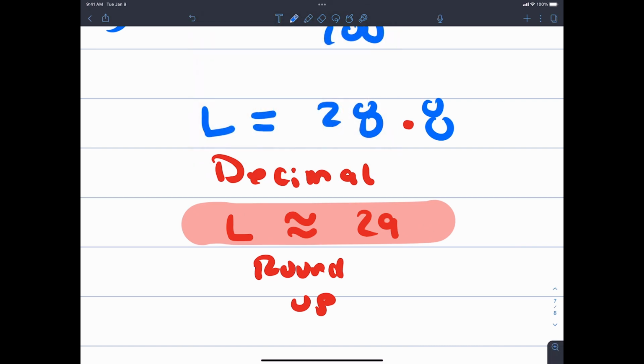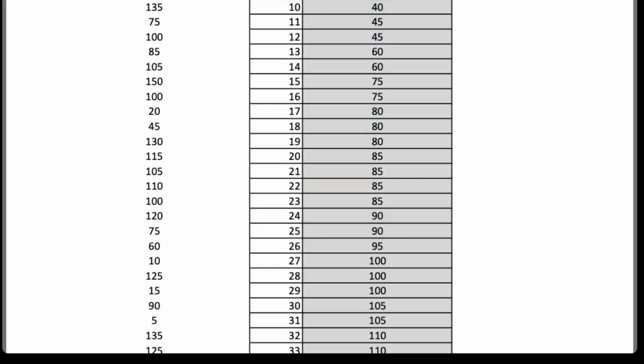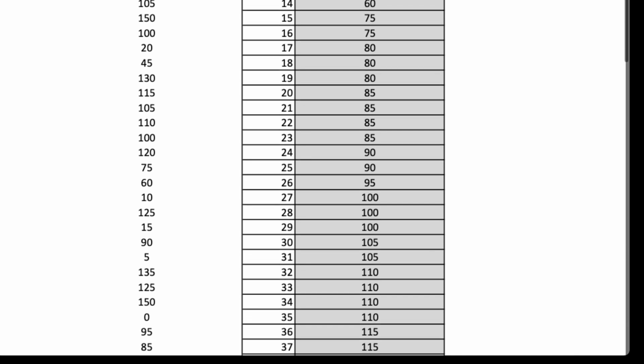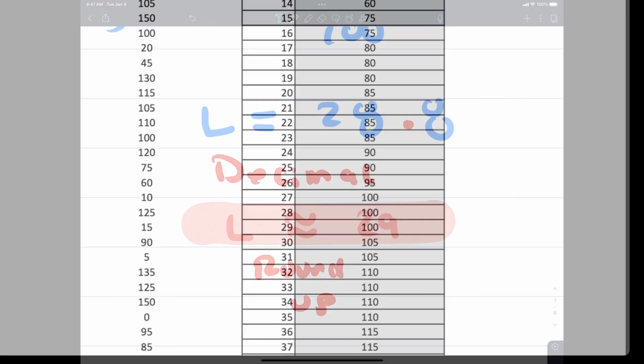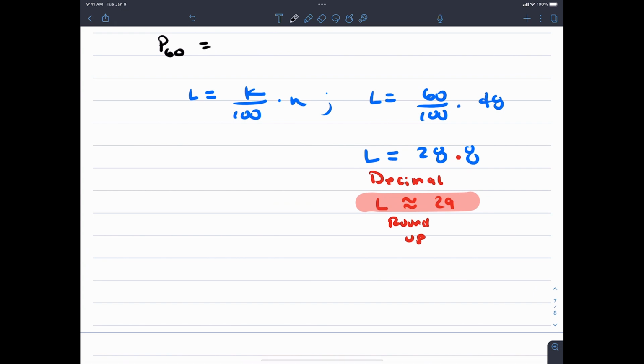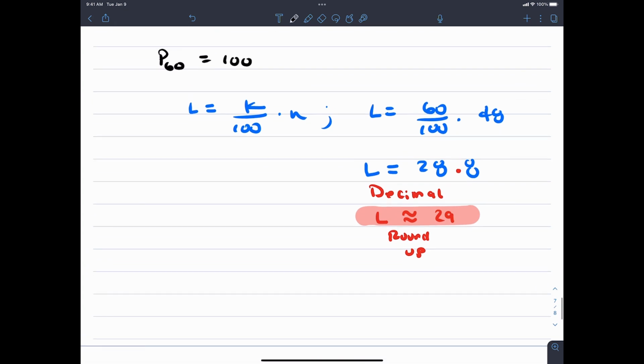All right, ladies and gentlemen. So what is the 29th data value in the sorted list? Do you guys know? Is it 100? Do you guys see that there? All righty. So, ladies and gentlemen, P60 is 100.